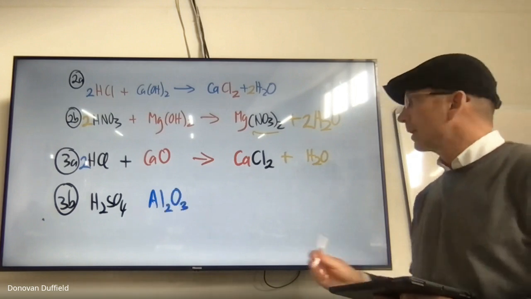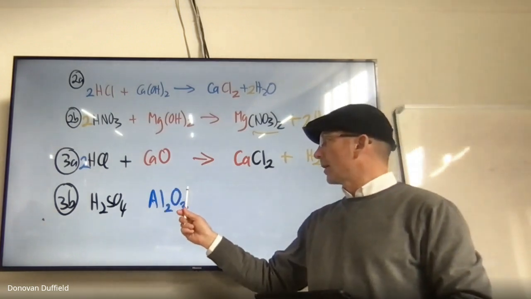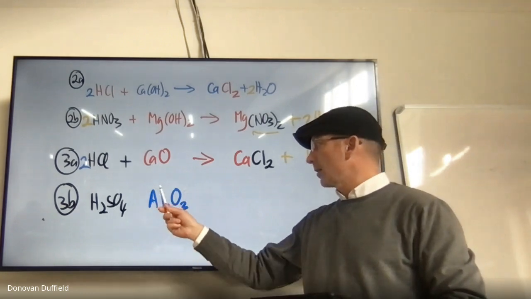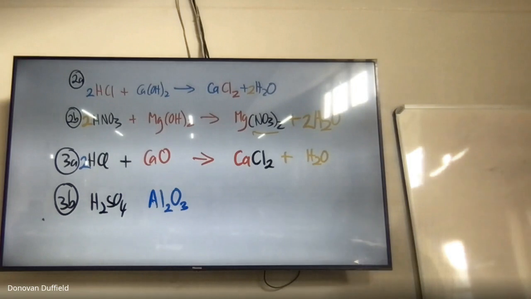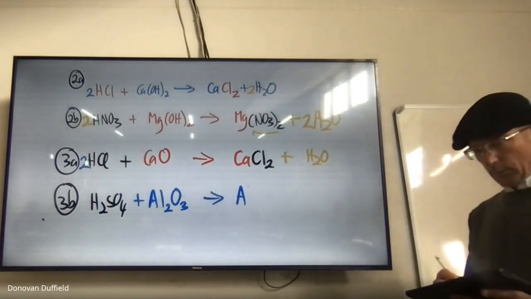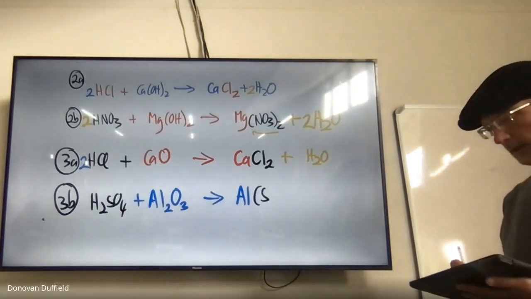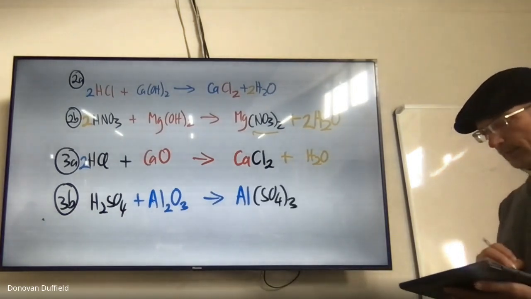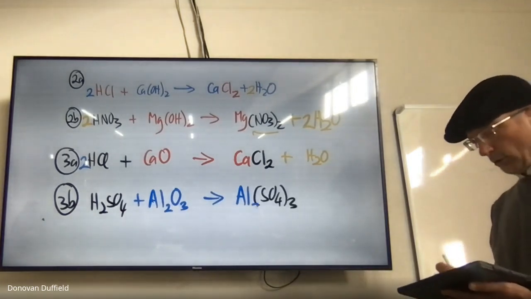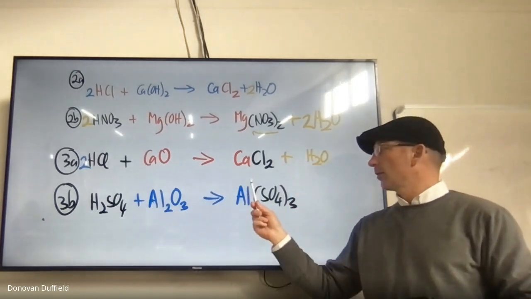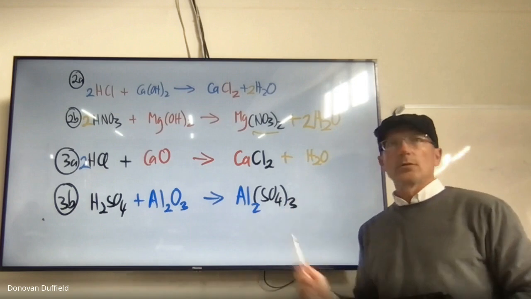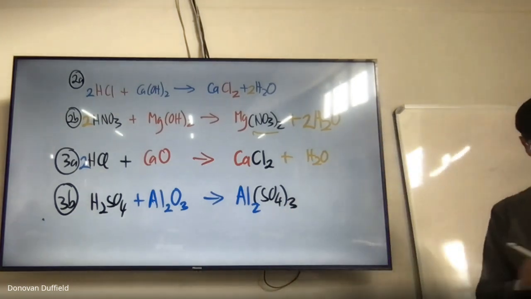Al plus 3, O minus 2, so the 2 goes on the Al and the 3 goes on the O, Al2O3, aluminium oxide. Plus, this is going to give us aluminium sulfate. SO4 is minus 2, Al plus 3, so Al2(SO4)3, plus water.